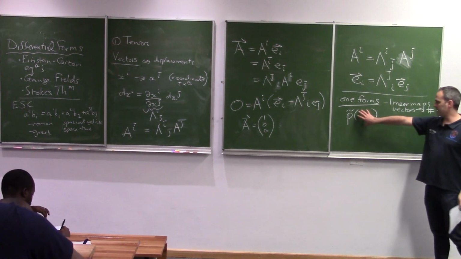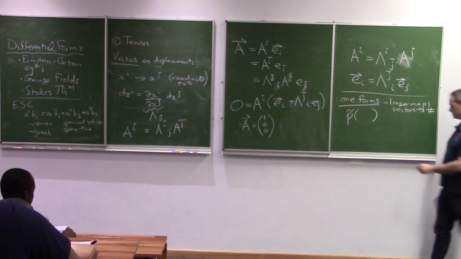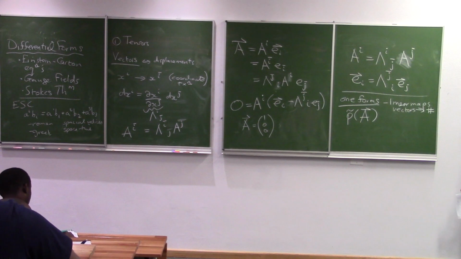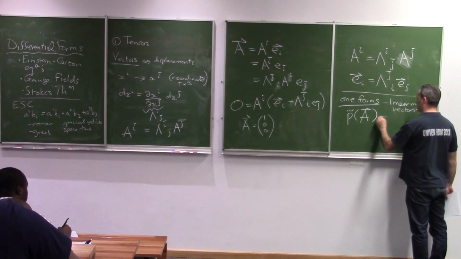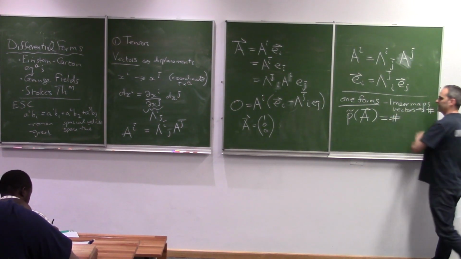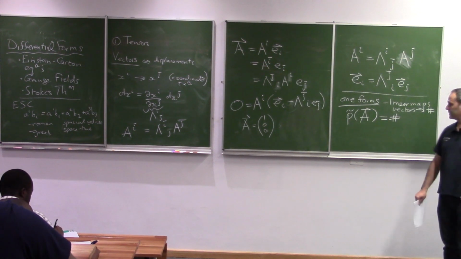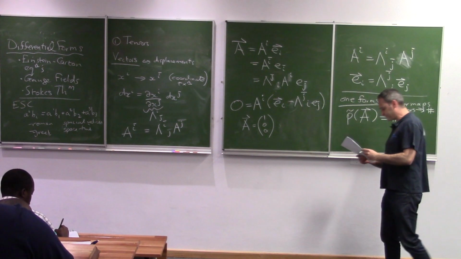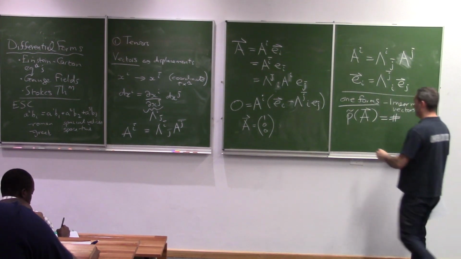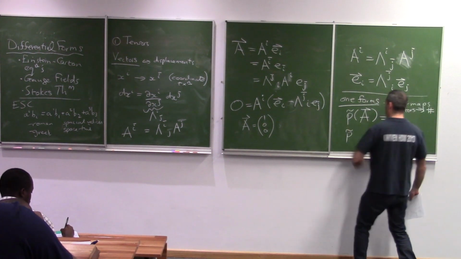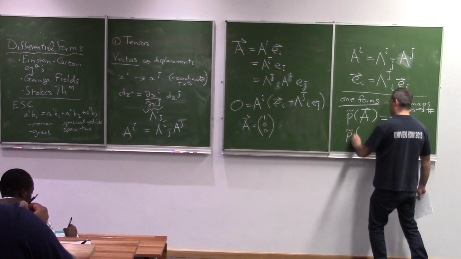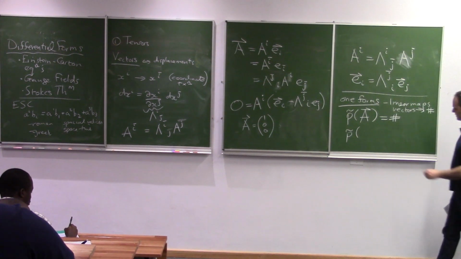So what happens is I have a one form, I feed a vector to the one form, and that gives me a number. It's a map, and the important thing about it is it's a linear map.